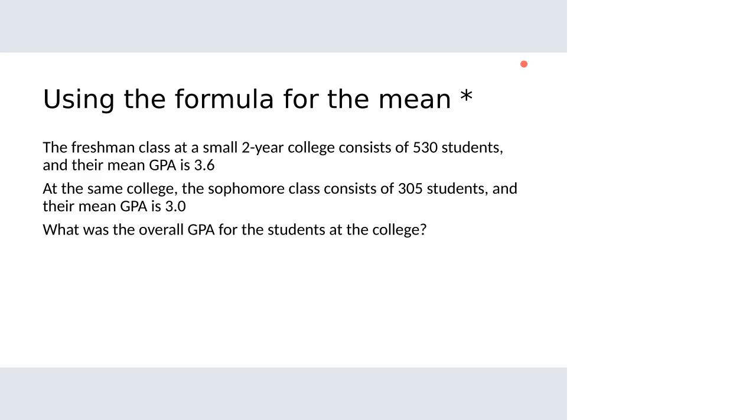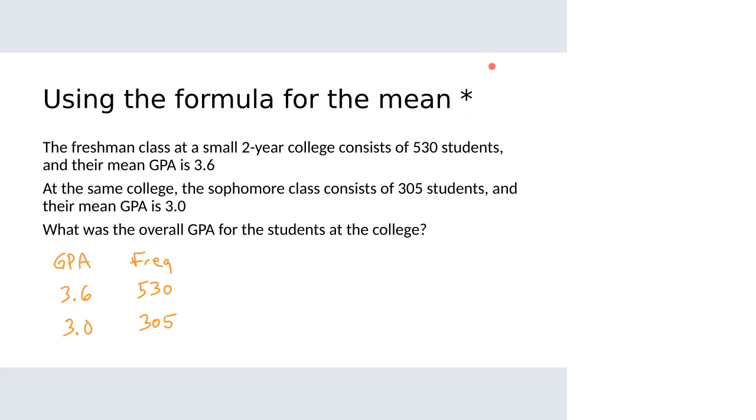Perfect. So our data points here are the GPAs. And let's see, that 3.6 GPA, the frequency is 530. And then as far as that 3.0 GPA is concerned, that frequency is 305. And that's it. That's all the data in our frequency table.